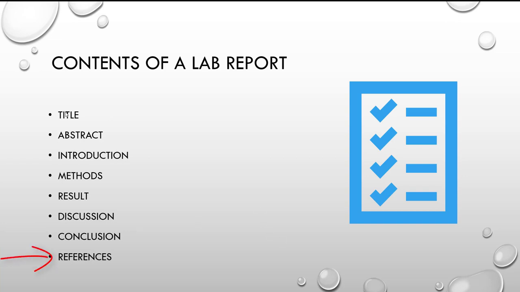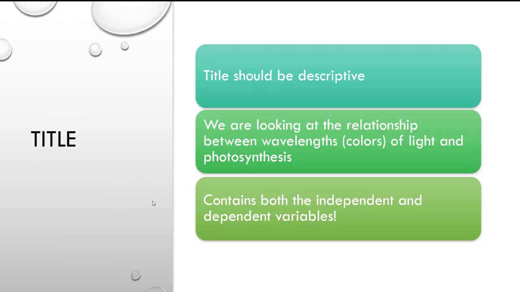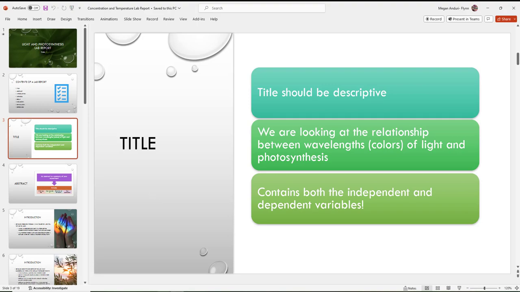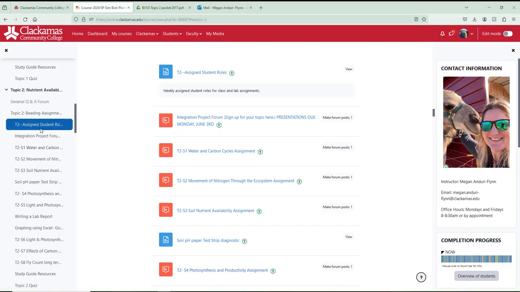We're going to go through each part of the lab report in detail so that you know exactly what to include. First off, let me go into our folder here on Moodle, and we're going to go down into our light and photosynthesis section.